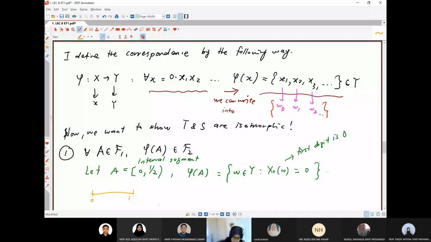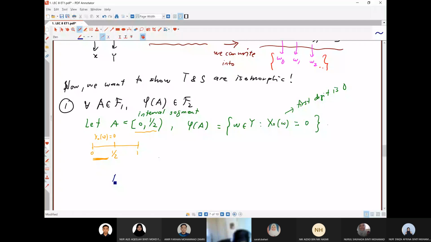Okay, now another example. I do it in a different color. Okay, so if you have A, let's say this one A1, this one becomes A2.